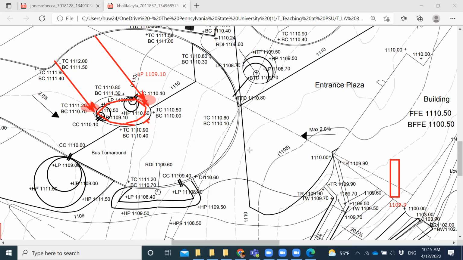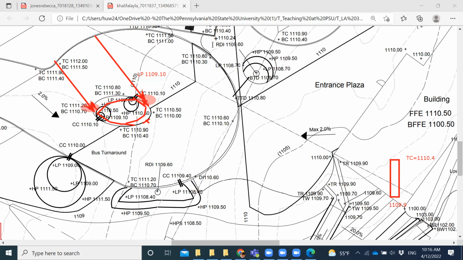That's the lowest point of your retention area, because we want to know if anything will flow out over the curb, right? So BC equals 1109.9 on the plaza means that TC equals 1110.4.